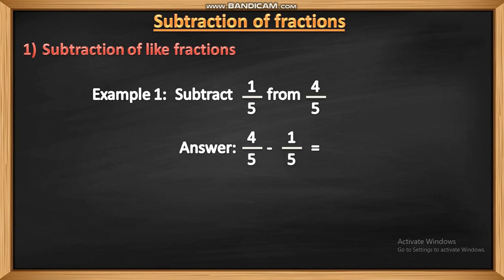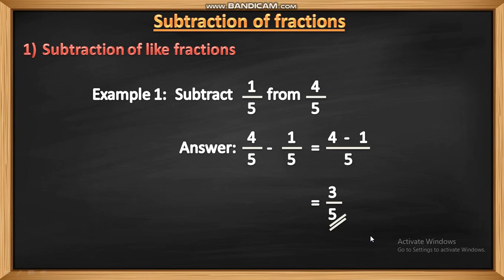That's equal to 4 minus 1 as numerator, divided by the common denominator 5. What is 4 minus 1? That's equal to 3, so 3 by 5. It is the final answer.